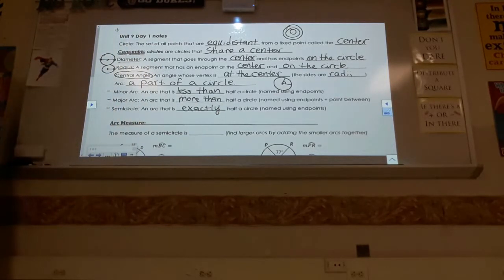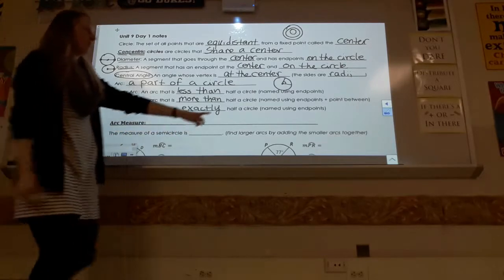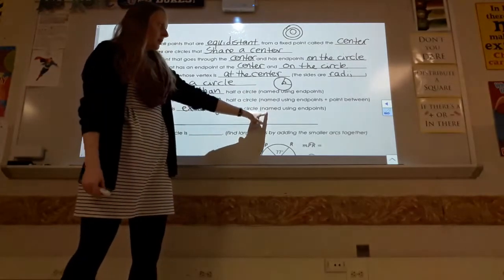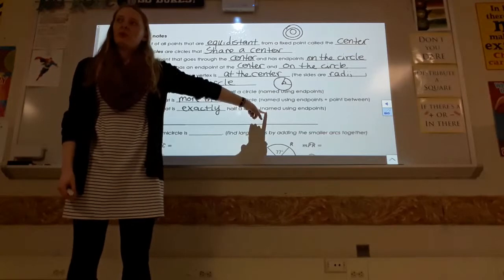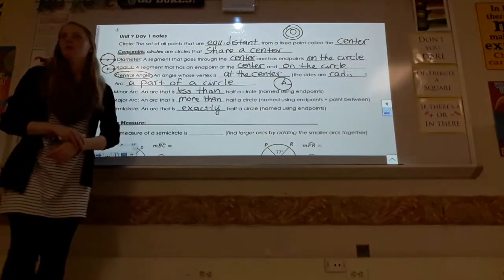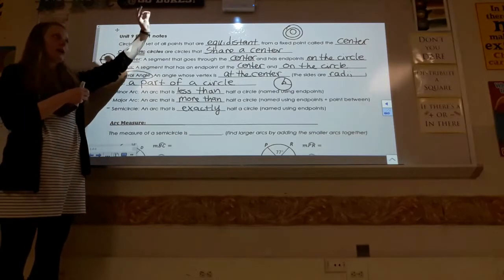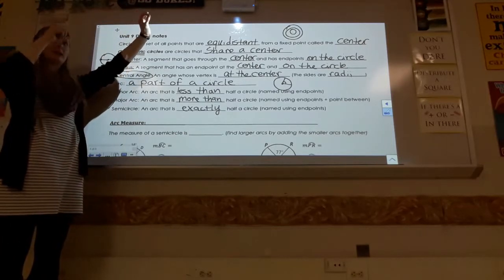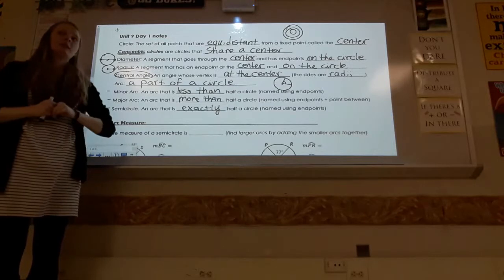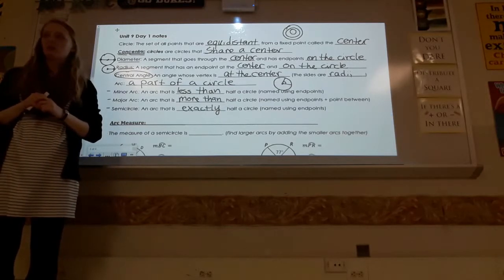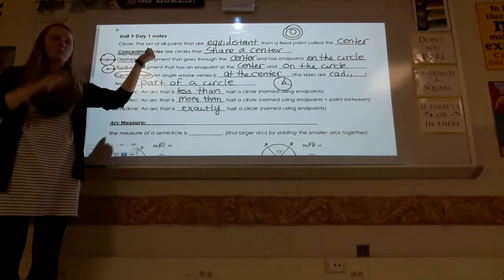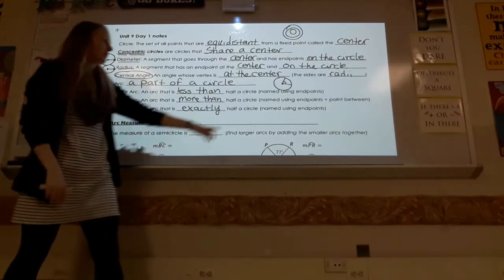Minor, major, and semicircle. Now, it's important that I've put in these parentheses here the way that they name things. So you guys remember how to name an angle? How many letters do you use to name an angle? 3. You have one edge, then you go to the vertex, and then out again. We use 3 letters. How many letters do you use to name a segment? 2. You have one endpoint and the other endpoint. Now, this is very important.